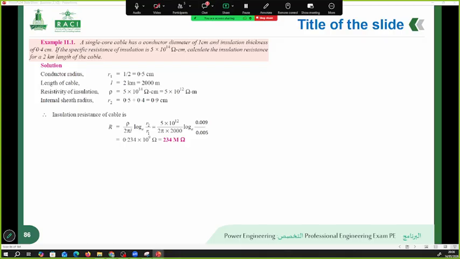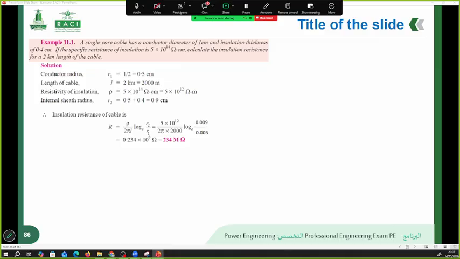So here we present a practical example of calculating the insulation resistance of a single core cable based on its physical dimensions and material properties. The conductor diameter is given as 1 centimeter, leading to a conductor radius of 0.5 centimeter, while the insulation thickness of 0.4 centimeter results in an outer radius of 0.9 centimeter.